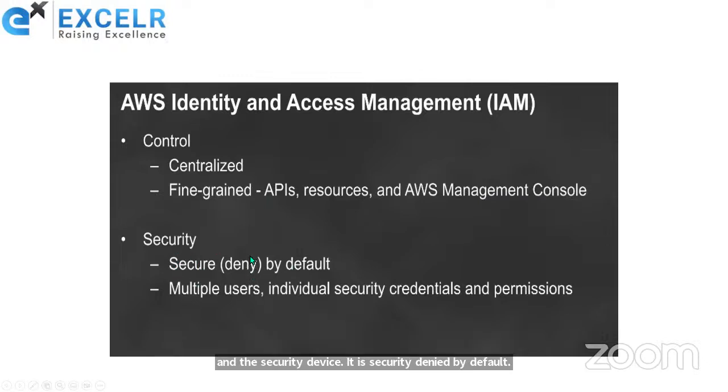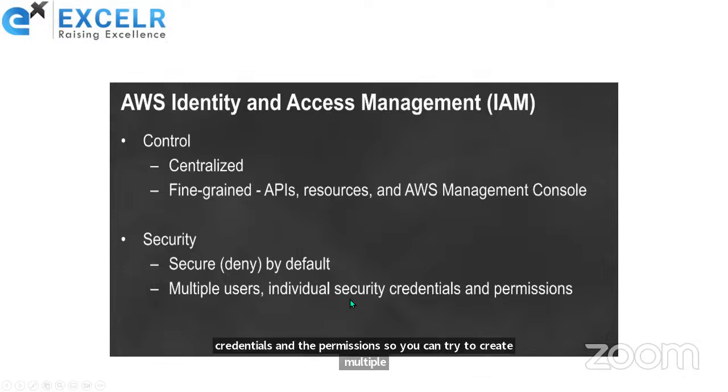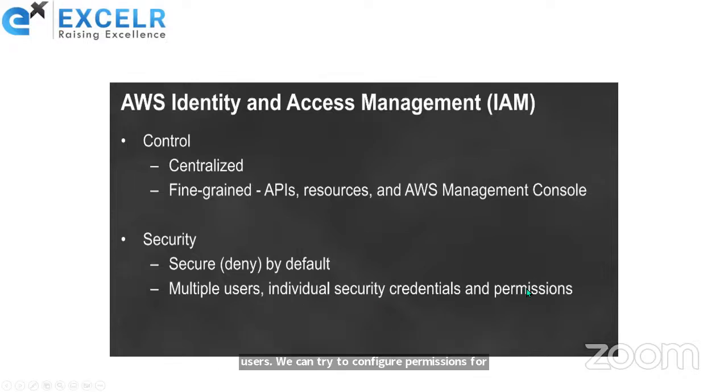By default, all the permissions will be blocked, in denial mode, and you need to enable the permissions by configuring the roles and the policies. There are multiple users, with individual security credentials and permissions. So you can create multiple users, configure permissions for individual security, and assign the permissions. That's how it is going to help.